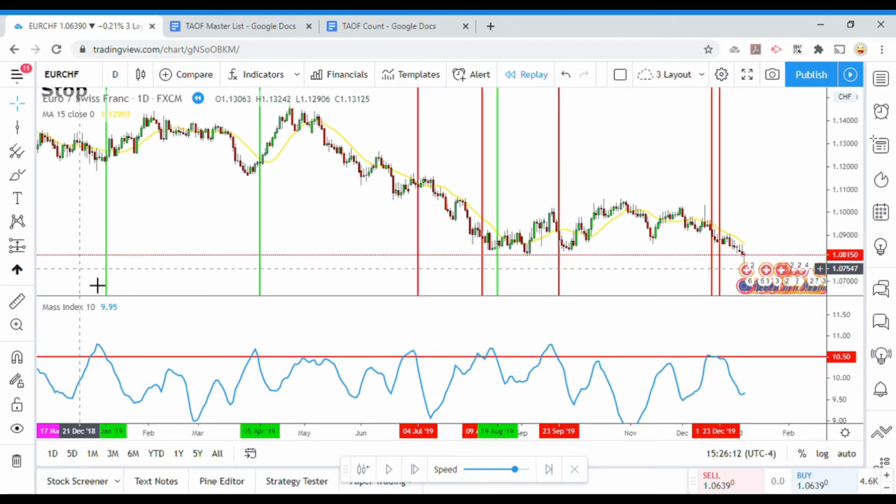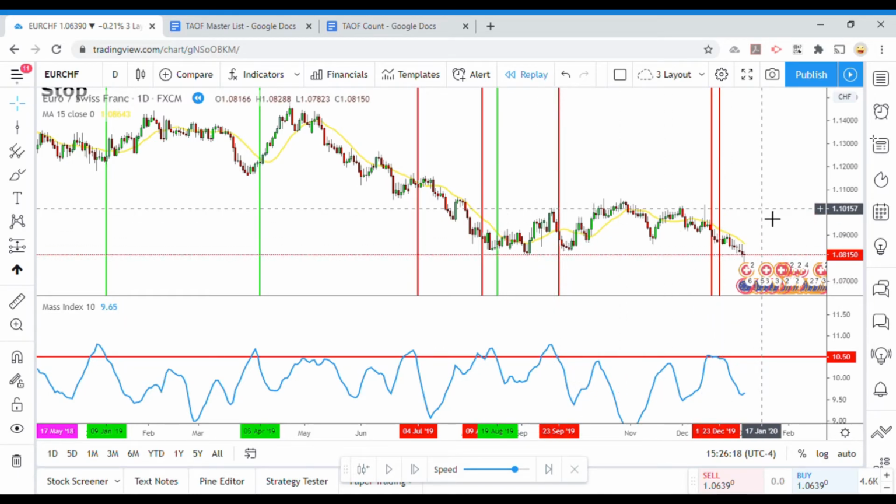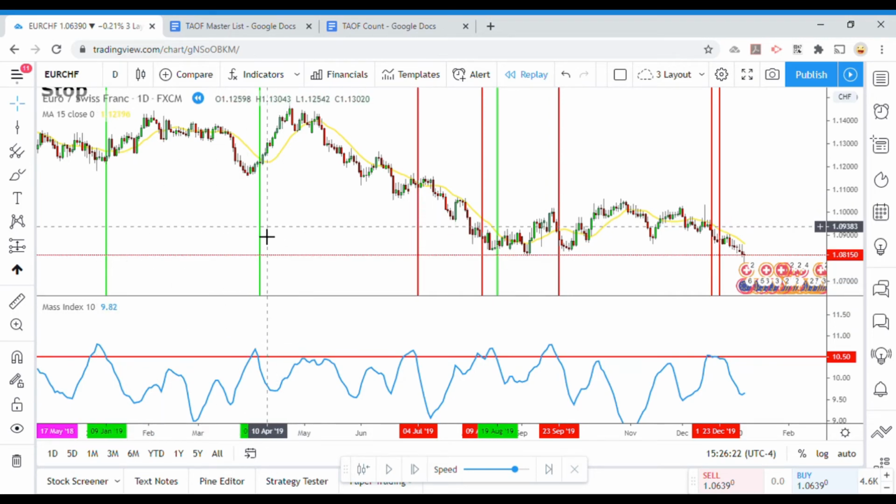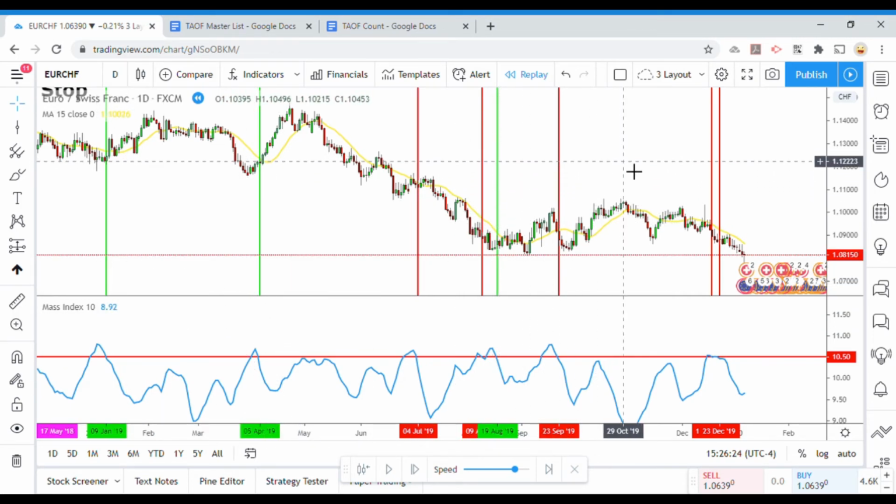Let's get a count on the number of trades. We have 1, 2, 3, 4, 5, 6, 7, 8 trades. And we have 1, 2, 3 winners. So that does not meet the 60% criteria that we were looking for.